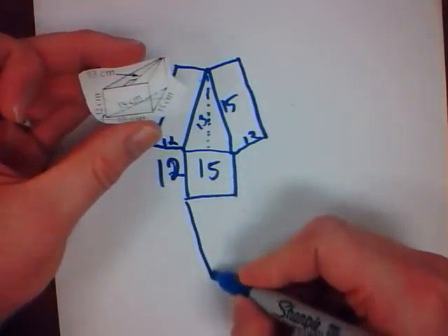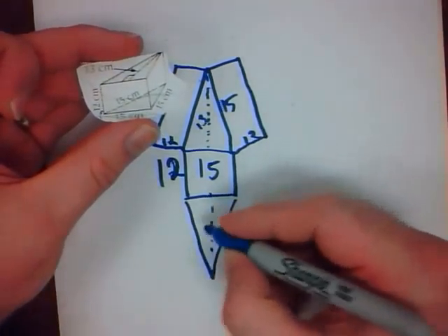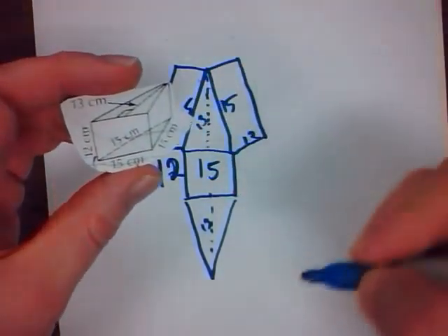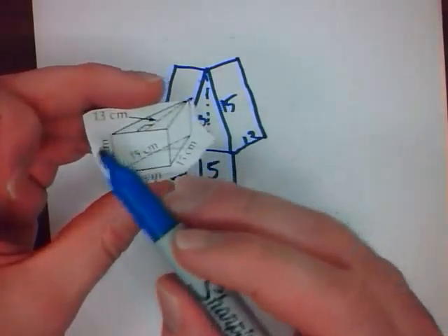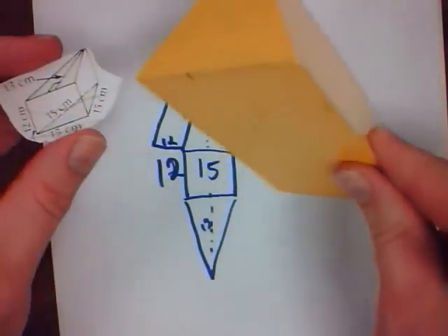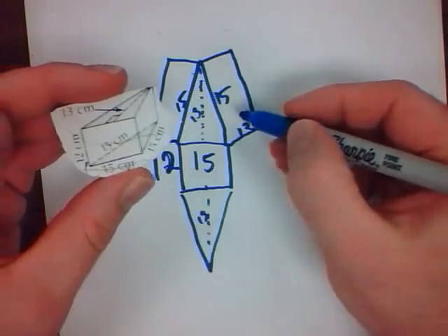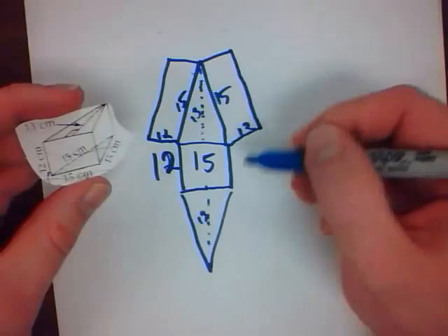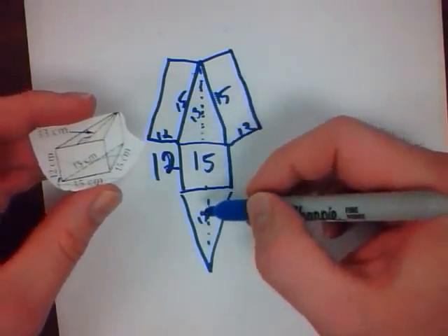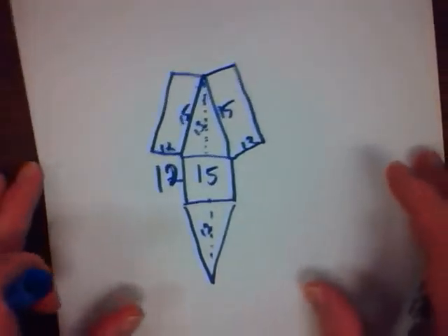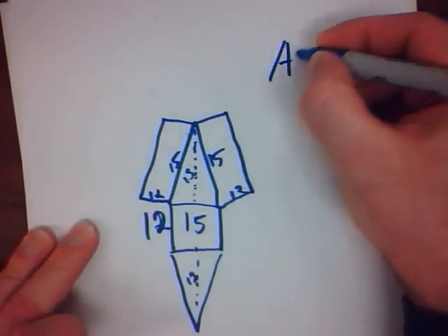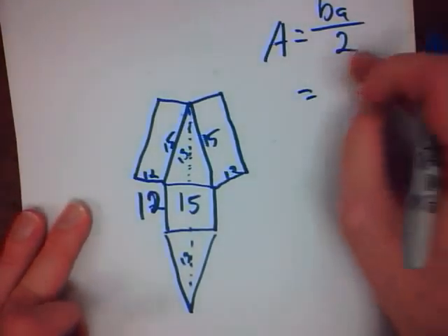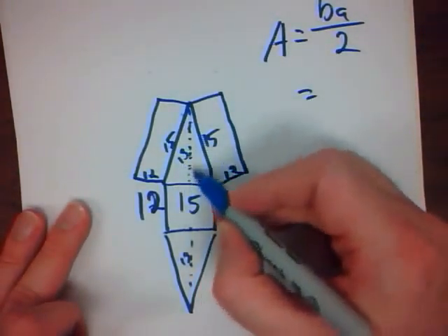It does take a little bit of thinking about what in the world the shape of these things is. Converting these into these is not easy. So now I can take a look at my shape, where I've got the different pieces, and I can figure out what formulas I need. Again, I need the triangle formula, which will use the 15 and 13.